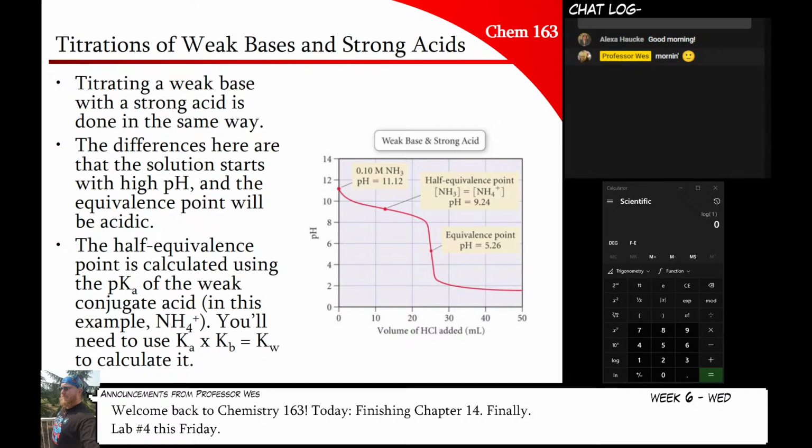Now, the Henderson-Hasselbalch equation still works for bases. It's just that you have to use the pKa. You cannot use pKb. There is a version of the equation that uses pKb, but since we're measuring pH and not pOH, we want to be using pKa anyway. So the pKa of NH3, for example, so this is the titration of NH3 with HCl.